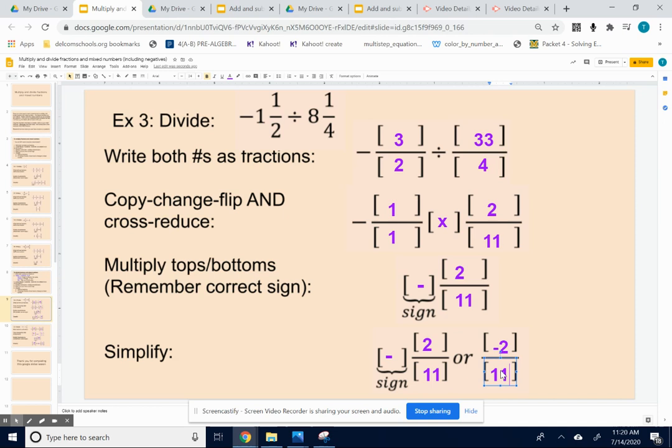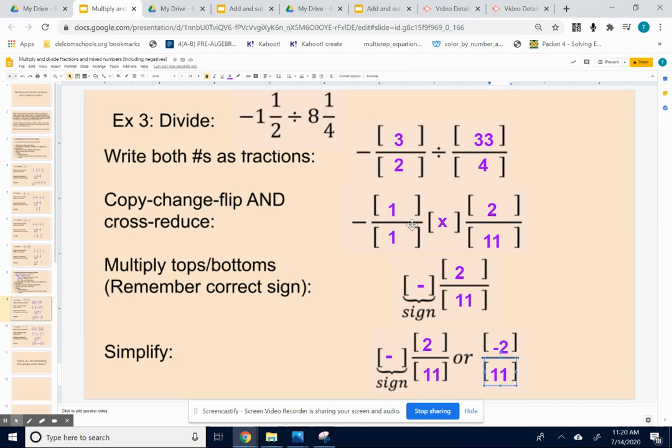Try the next problem. Use the videos for hints. Try to do a little bit more of it on your own, but real quick, what we did: we changed both of these to fractions by multiply, add, drag. Then we copied, changed, flipped. We copied the first fraction, changed divide to multiply, and flipped.